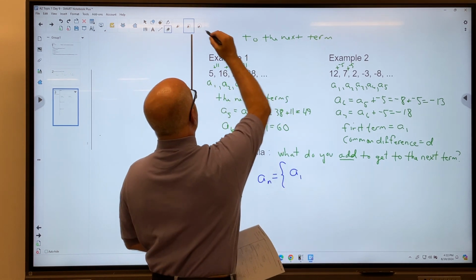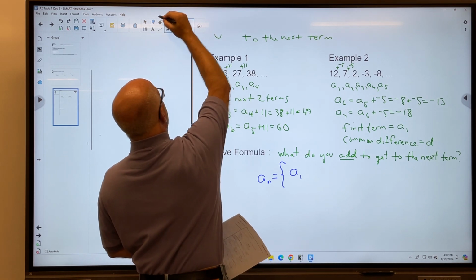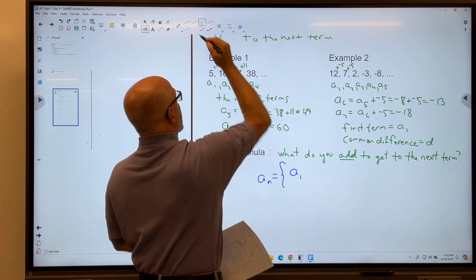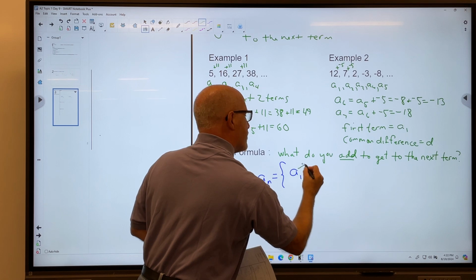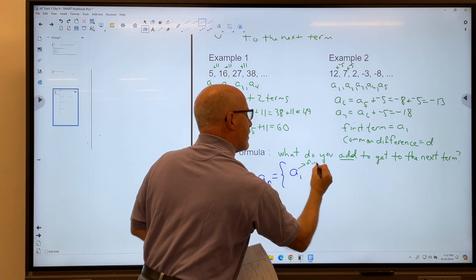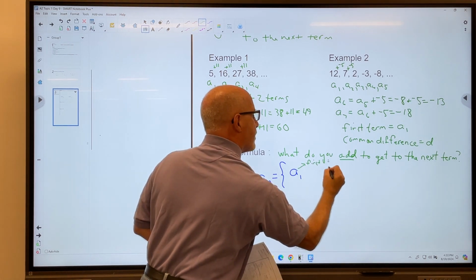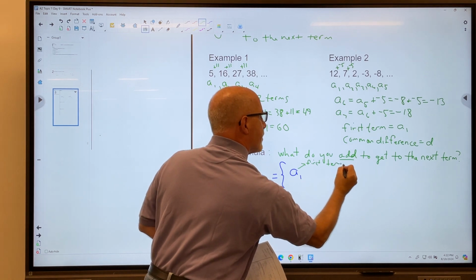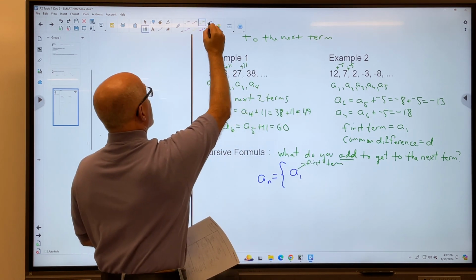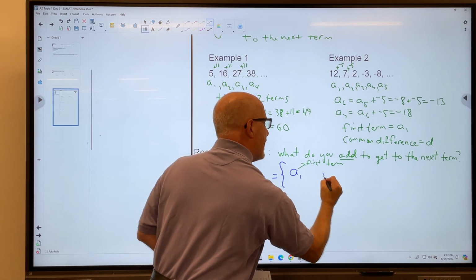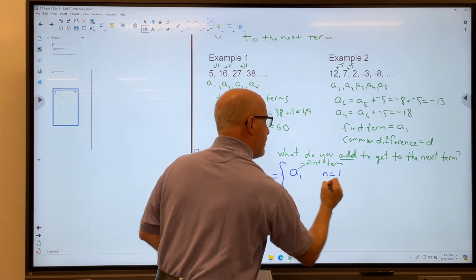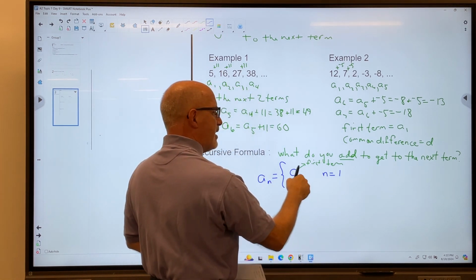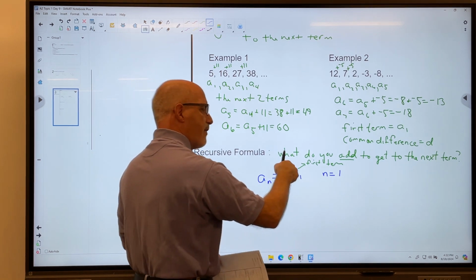So this here, go ahead and label this. This is our first term. So we do put a little notation here. We say when n equals 1, because this is what we use for the first term.